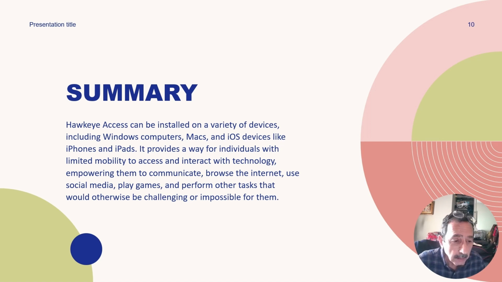It provides a way for individuals with limited mobility to access and interact with technology, empowering them to communicate, browse the internet, use social media, play games, and perform other tasks that would otherwise be challenging or impossible for them.